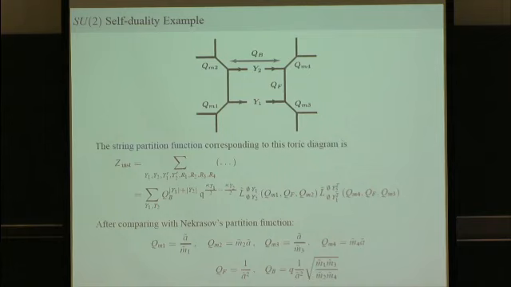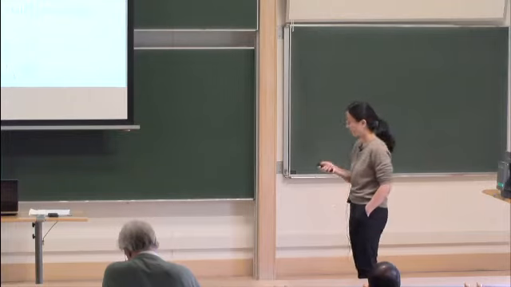QB, these lines, are just some combination of everything, and it's related to the coupling constant. The coupling constant is, again, as intuitively said, the distance between the NS5 branes.